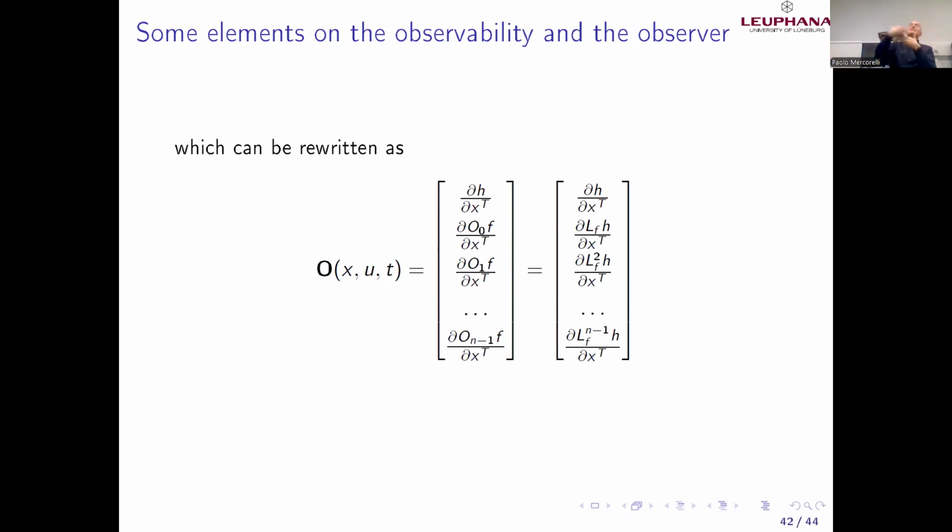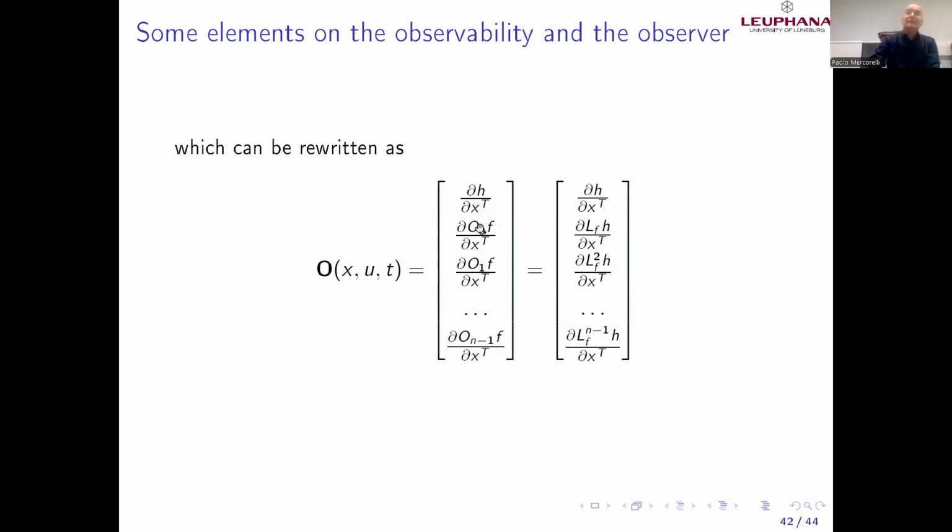Because x is our state. Do you remember last time we saw current, voltage, R, and C? Four states. X consists of four states. This means if we apply this method to the system of last time, we have here a row with 4 components: the derivative of h with respect to the current, the derivative of h with respect to UC, and so on.